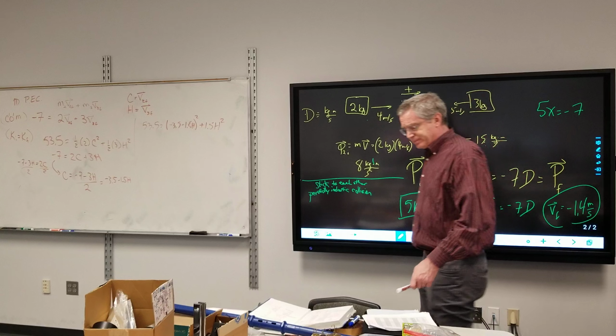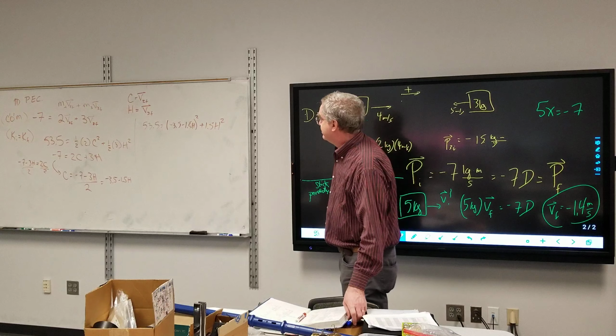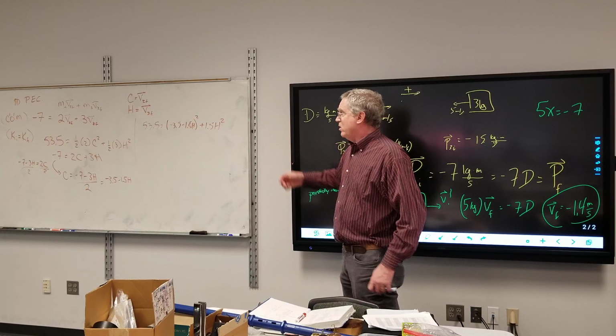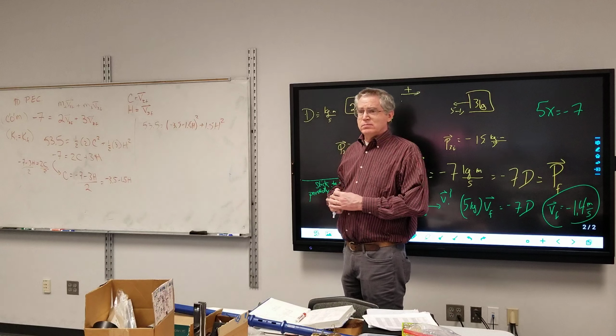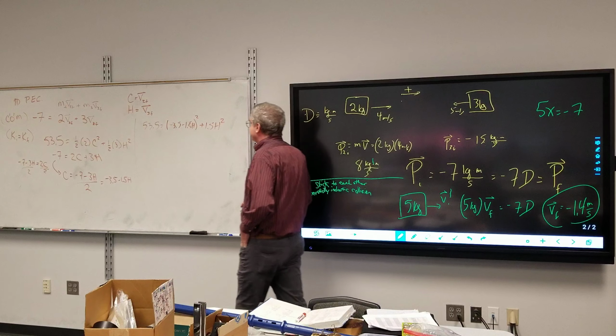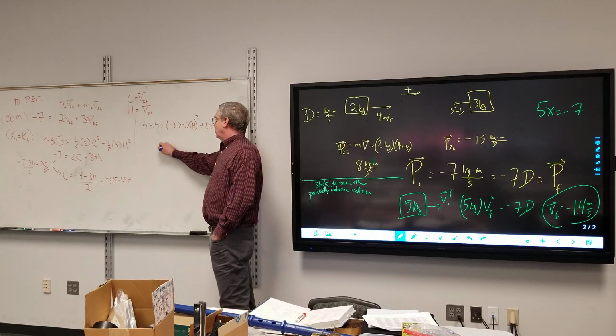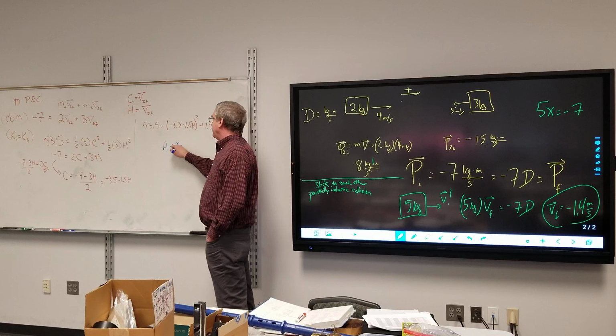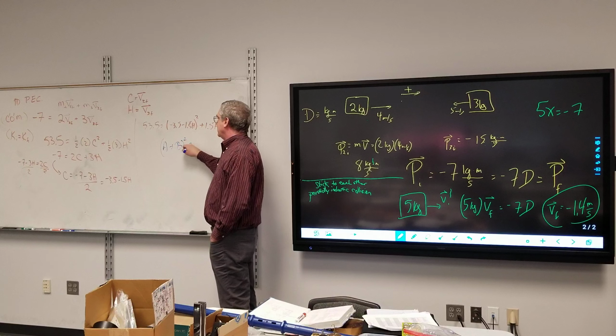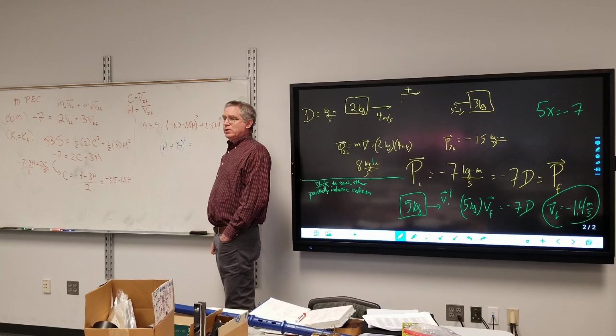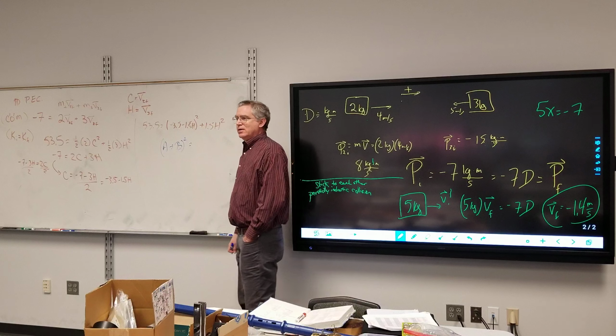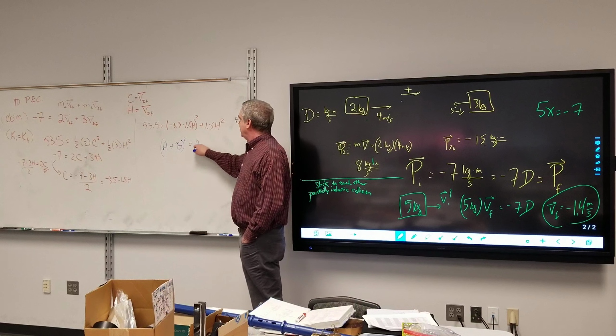And now, we got a binomial we're squaring. So, quick refresher, if I have a binomial that I am squaring, what is it equal to? A squared plus 2AB plus B squared.